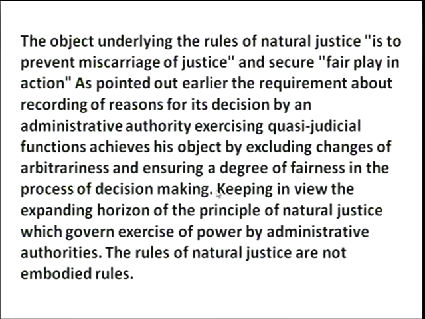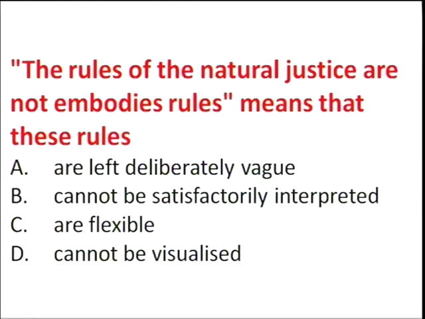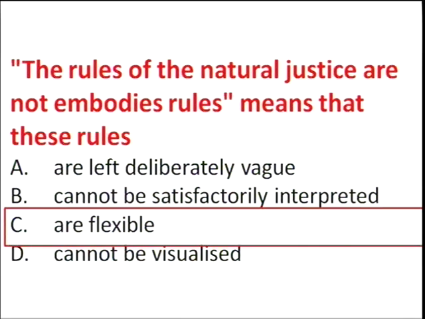Start reading from here: keeping in view the expanding horizon of the principle of natural justice. Okay, all right. Now let's look at the question. What do you think the correct answer is? Are flexible. It changes as per the arbitrariness and the application.